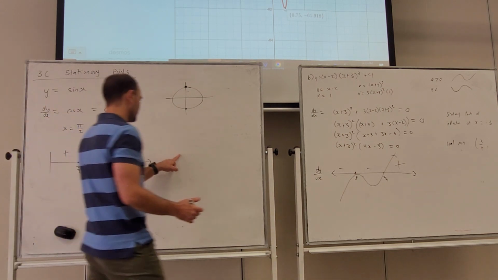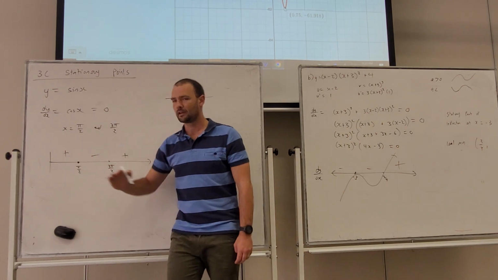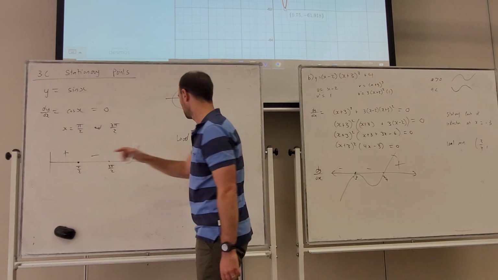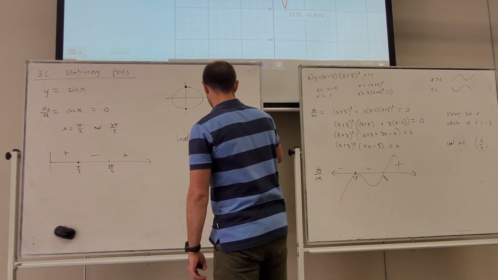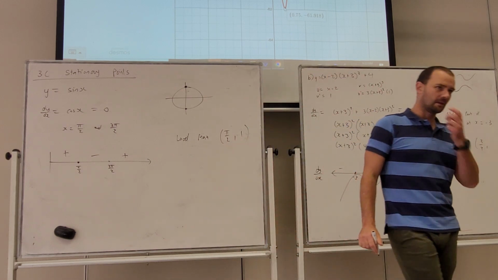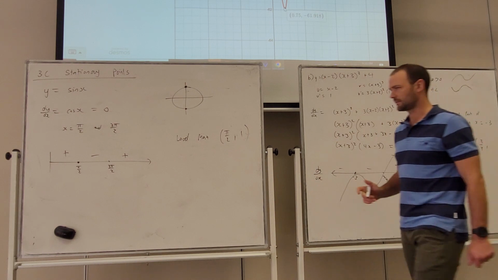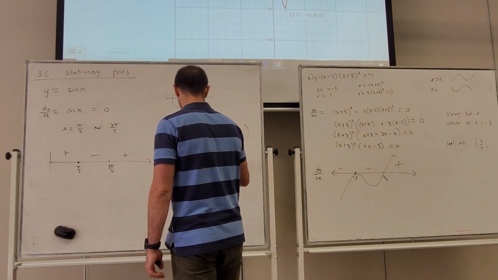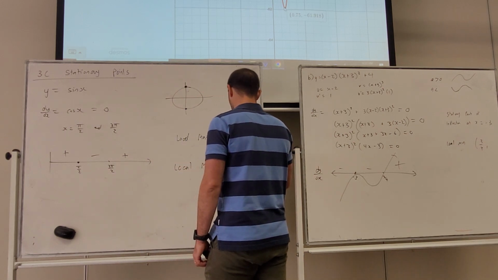So how can we best communicate that? We're going to have a local, all right, look at this, increasing, decreasing, local max. Now, I'm going to answer it if we had a constrained domain first, and then I'm going to talk about how we can extend it to all solutions. Local max at pi on 2, 1, local min at 3 pi on 2, minus 1.